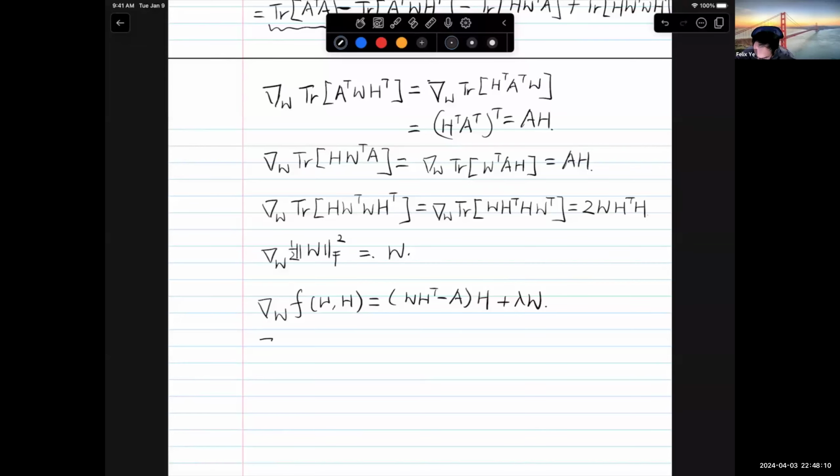So this is very similar to alternating least squares, but the difference is that in alternating least squares we are doing this with the index form, and here we are doing this with the matrix form. All right, so this is the difference.